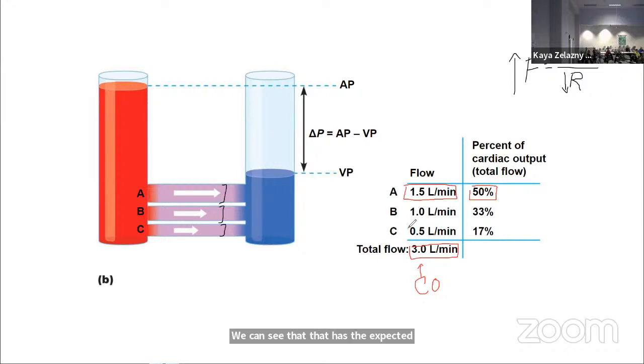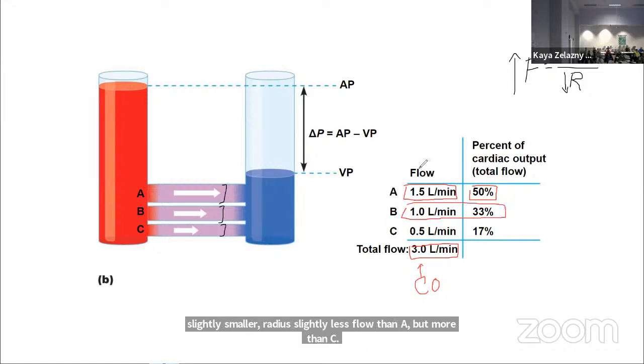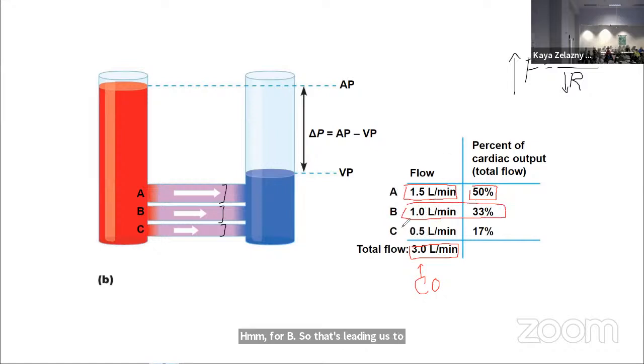So slightly smaller radius, slightly less flow than A, but more than C. For B, that's leading us to 33% and a rate of a liter per minute. And then C is very little, so we've got a little flow rate taking up the smallest percentage of our cardiac output.